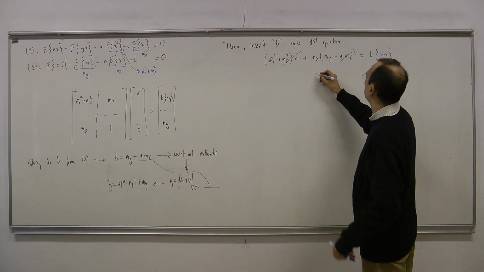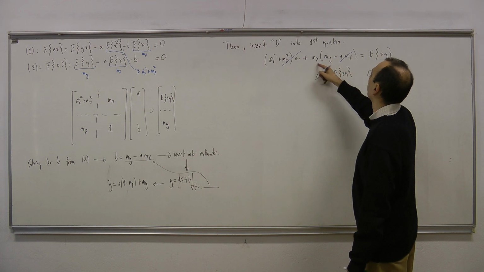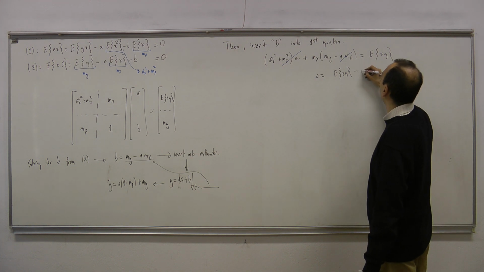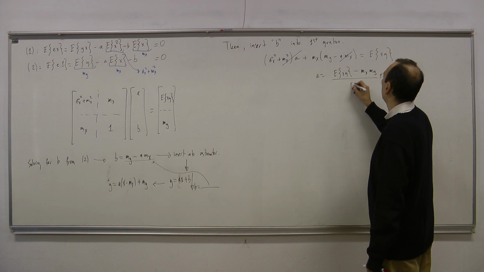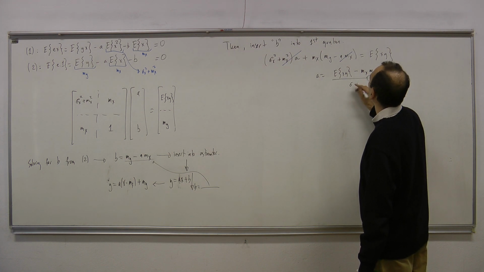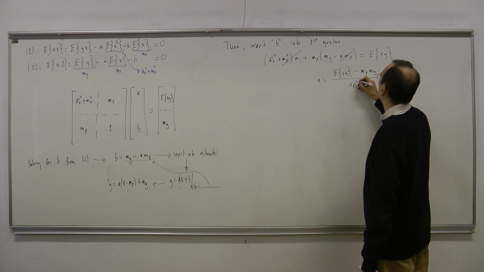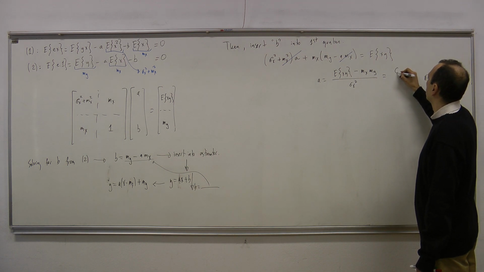Now I see this a is equal to expected value of xy minus mx my, divided by sigma x squared. So I get something like that. How about this? Do you recognize this?